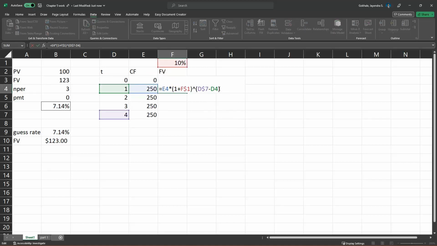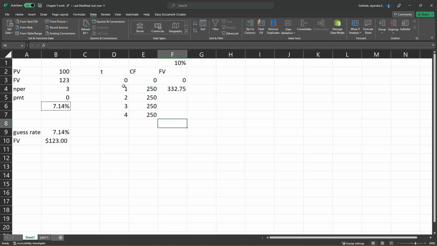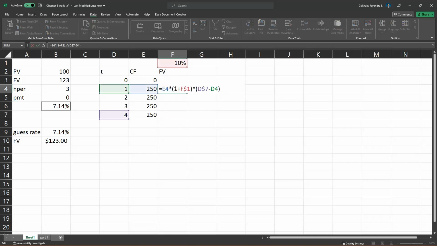So this cell changes, but the 7 keeps the 4 fixed. Why do we want that fixed? Because now we want this to be 3 periods, then this to be 2 periods, and this to be only 1 period. So this upper cell will keep changing, but the lower cell will remain fixed. And the lower cell is actually D7, and since we want to fix the D7, we put a dollar sign on the 7.